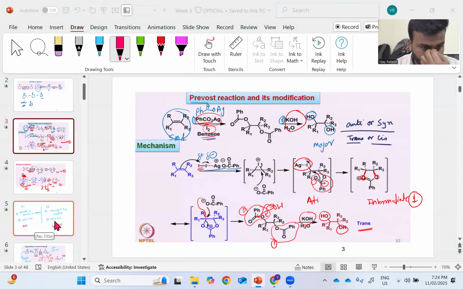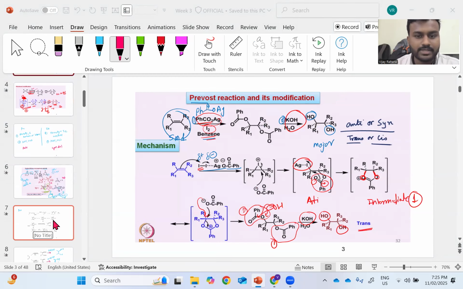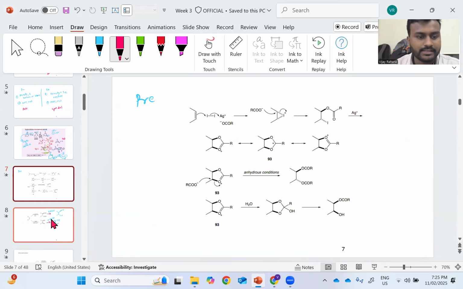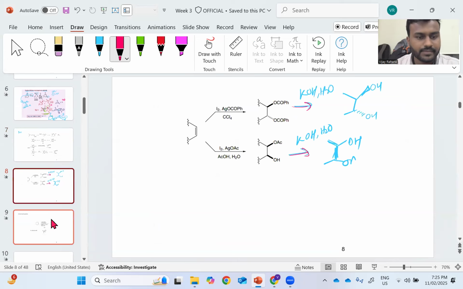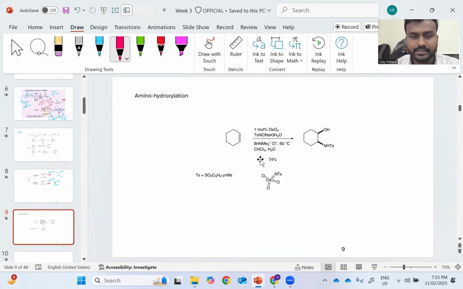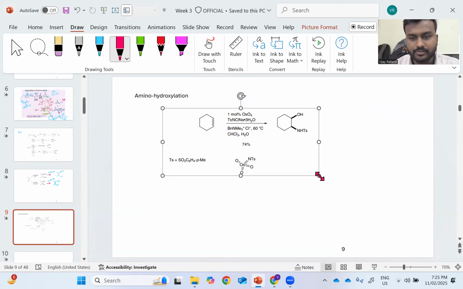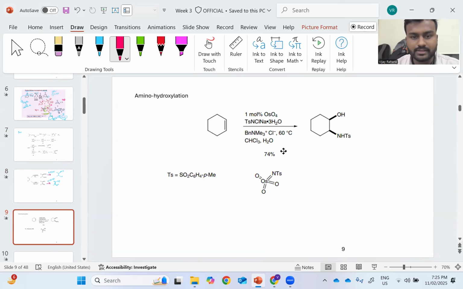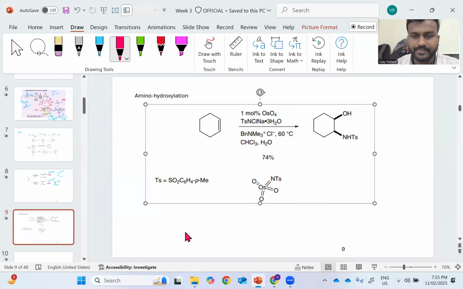If you want to make a diol at one position and an amino group at another position, there is amino hydroxylation. This is one of the reactions, so you can also look for this reaction and remember this reagent.